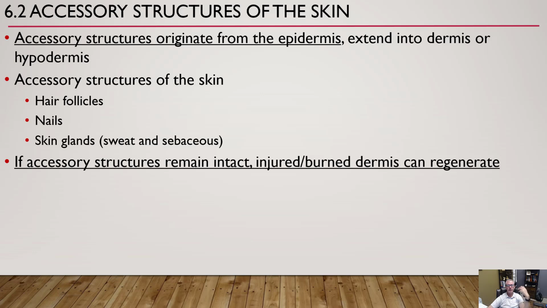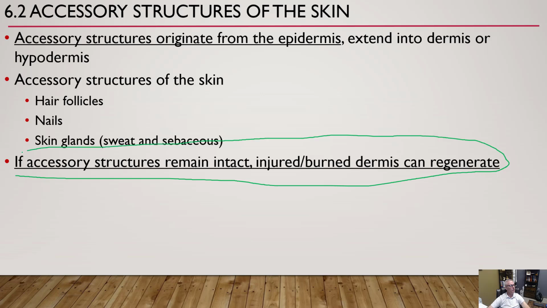Let's say you get in a burn or an accident, some of your accessory structures can regenerate depending on if certain areas of those hair follicles or nails remain intact, and we'll go over that. So we'll save this statement for hair and nails, and I'll tell you what I'm talking about later on.